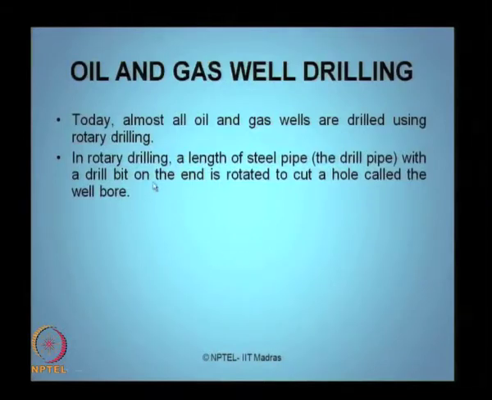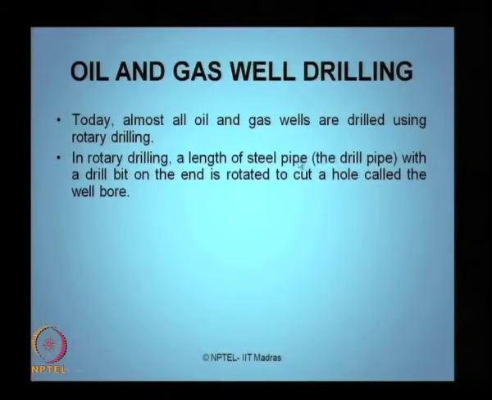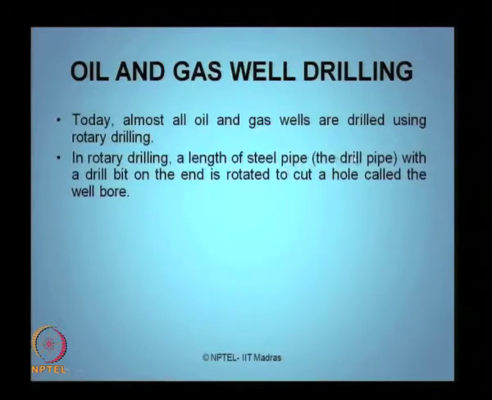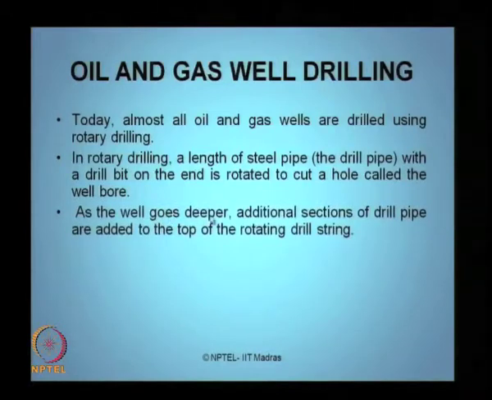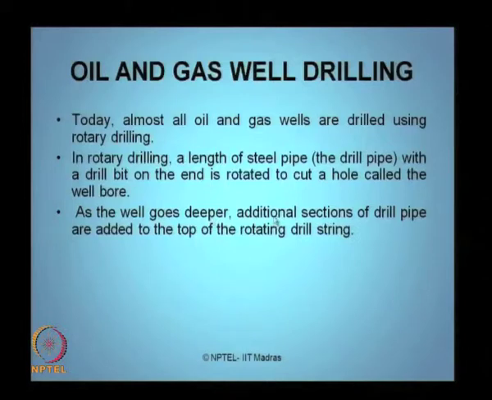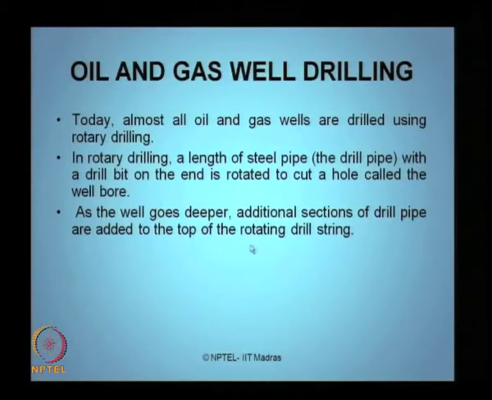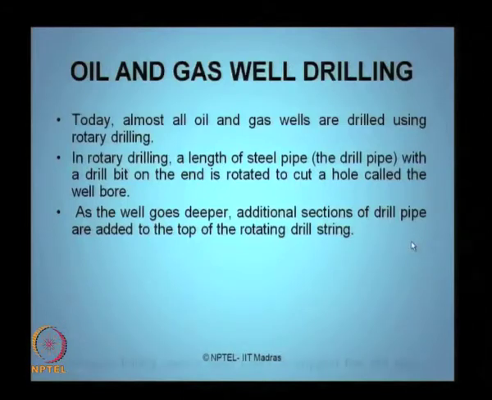In rotary drilling, a length of steel pipe, which we call a drill pipe, with the drill bit at its end is rotated. As the drill bit is rotated, it keeps on cutting a hole which we call a well bore. As the well goes deeper and deeper, additional sections of drill pipe are added to the top of the rotating drill string.